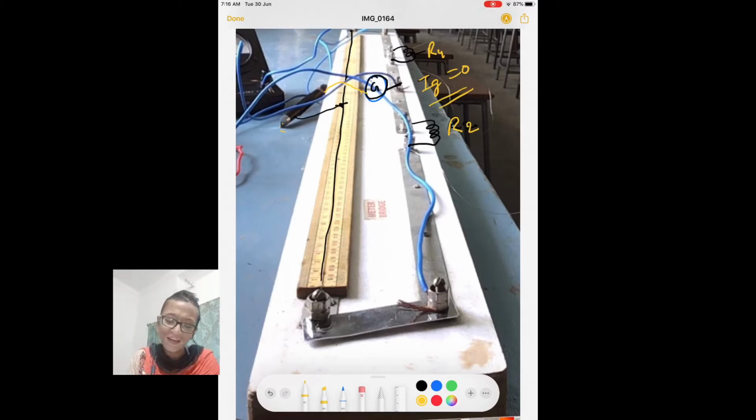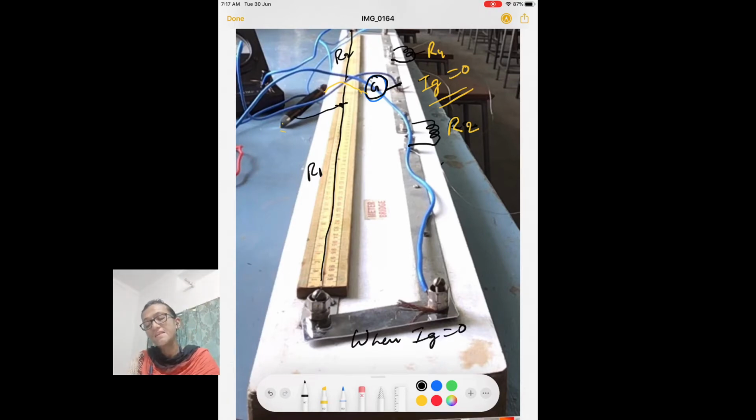Then you can say that this R1 and this R2 are related to the other two resistors in such a way when Ig is equal to 0.